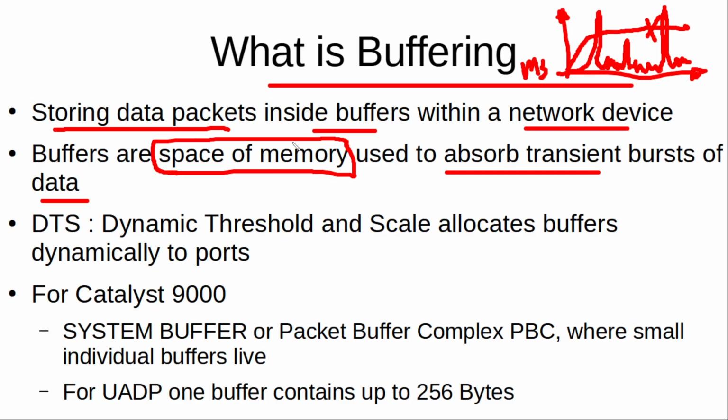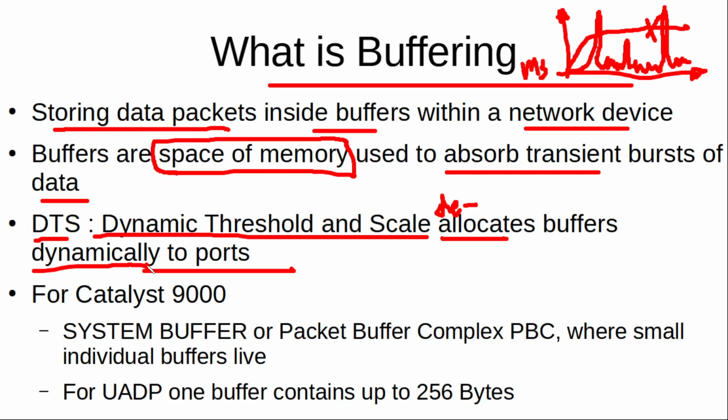So in Cisco Catalyst 9000 we have this technology that is known as dynamic threshold and scale that will help us to allocate and deallocate buffers to ports, and this will happen dynamically.